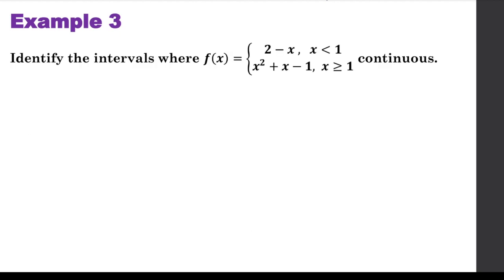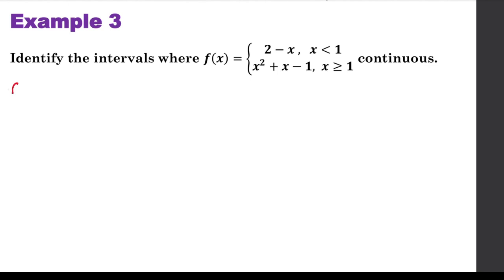For example 3, let us identify the intervals where the given function is continuous. So 2 minus x is a polynomial, same with x squared plus x minus 1. So we can say that the function would be continuous everywhere, except possibly at x = 1.